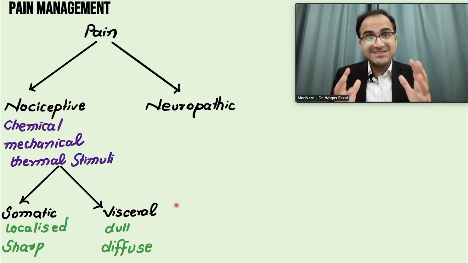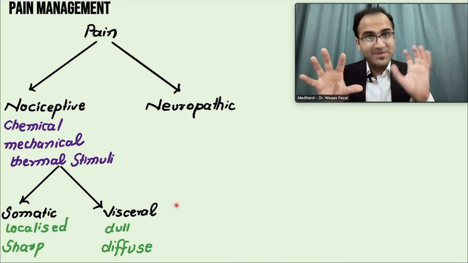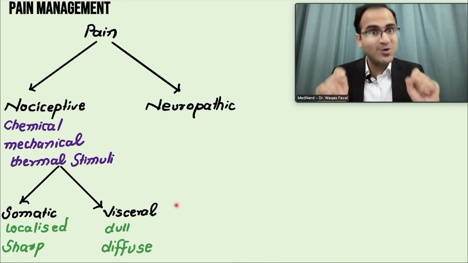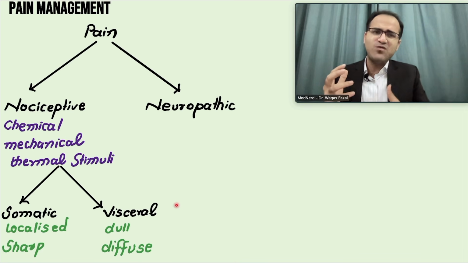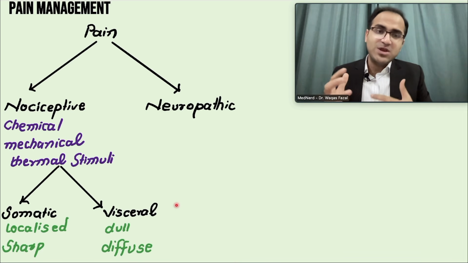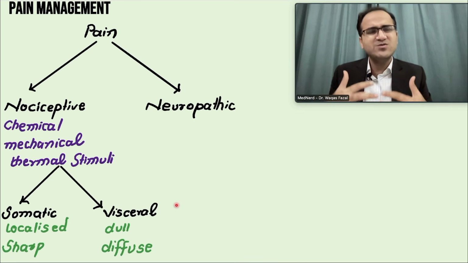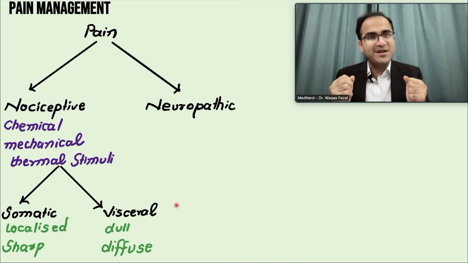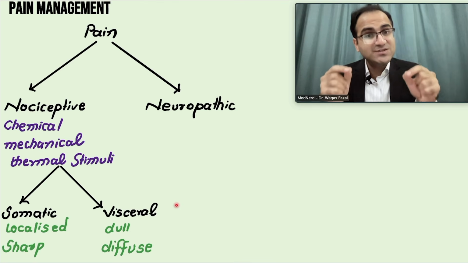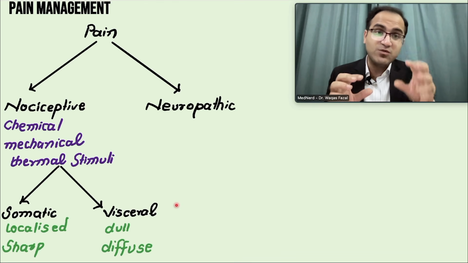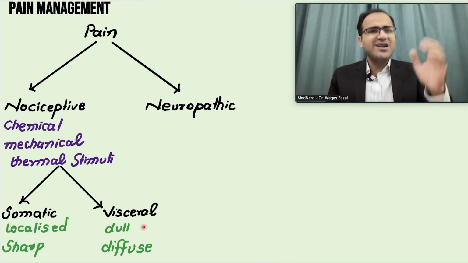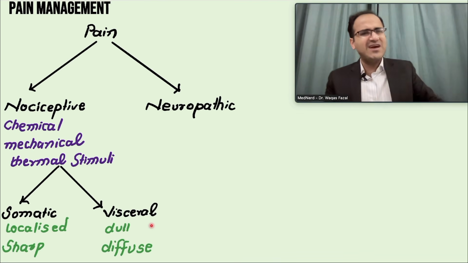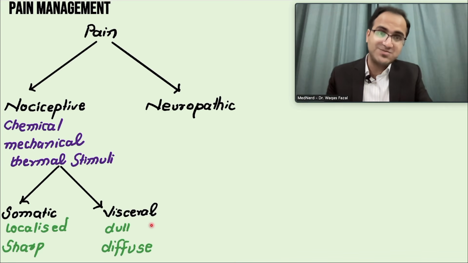Another interesting example where both somatic and visceral pain occur is acute appendicitis. Initially, the patient will complain of dull diffuse pain around the umbilicus, because at that time there is irritation of the visceral peritoneum, which causes dull diffuse pain. Later, after some hours, the patient will complain that the pain is now in the right lower quadrant, the classical typical appendicitis pain.